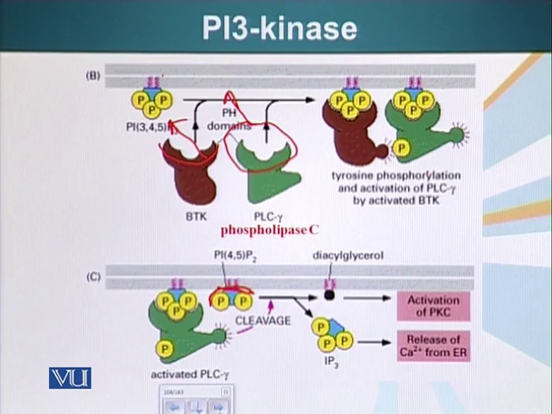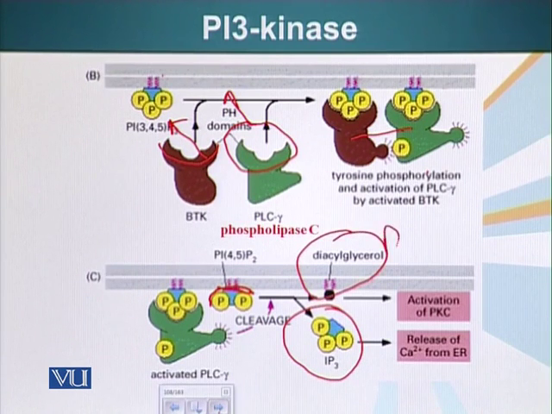When these two molecules are in close contact with each other, one of them, BTK, phosphorylates PLC, and when PLC is activated, it can cleave a different molecule of phosphatidylinositol triphosphate, resulting in release of inositol triphosphate and diacylglycerol, or DAG we have said.